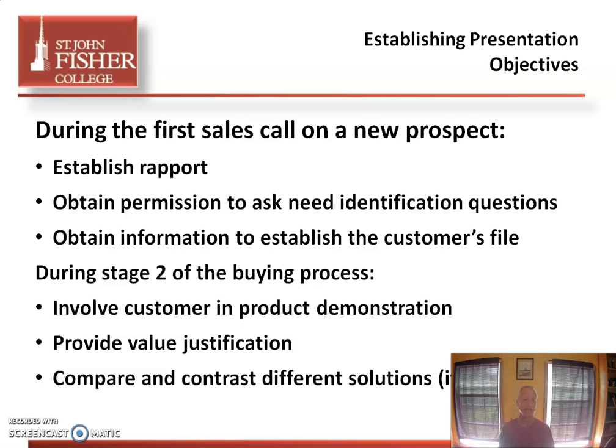The third thing that we need to do in the approach, and all of these things are on the rubric that I'm going to show you as we do our sales one-to-one near the end of the semester, is to ask, are they part of the decision-making team? Oftentimes the prospect isn't the only decision maker, but they're part of the decision-making team. So you want to find out, are you part of the decision-making team, and who else is part of it?